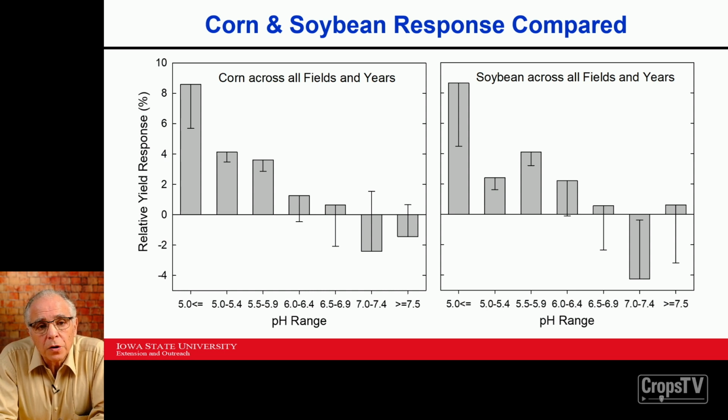Okay, so the left graph is corn across all fields and years, and also sections of fields with different pHs, okay? And the right graph is soybean. The pH range goes from equal or lower than 5 to the highest, 7.5 or higher.